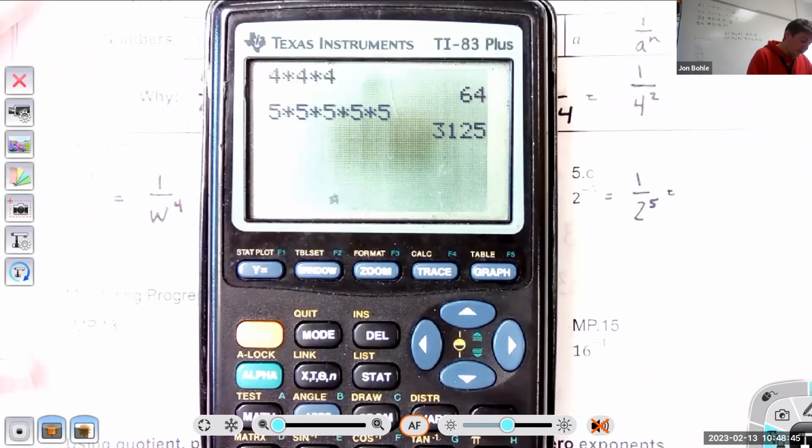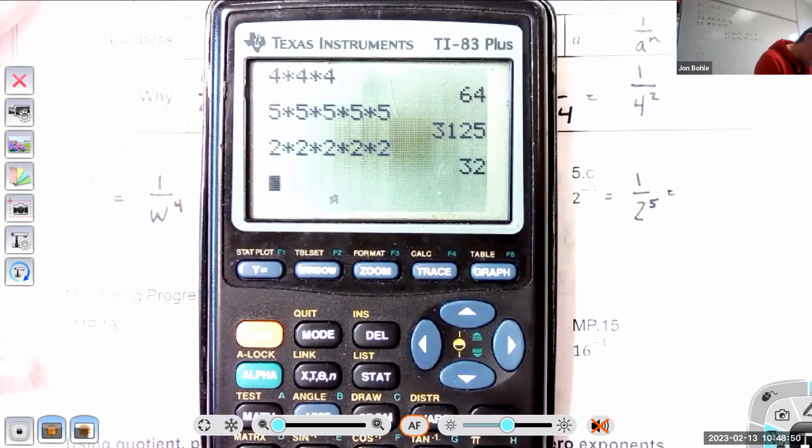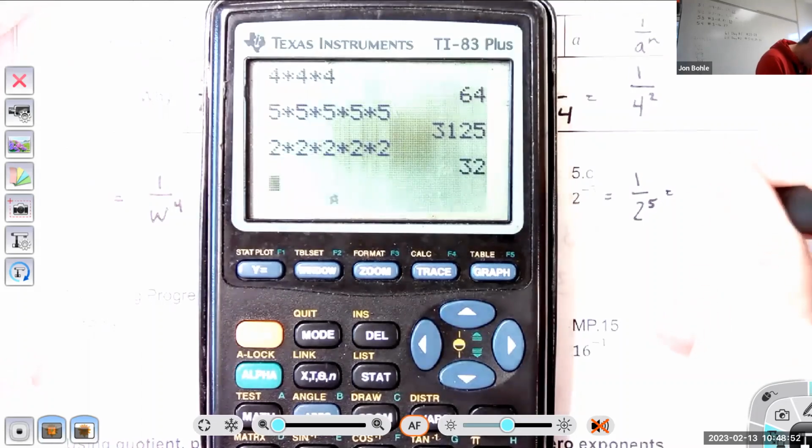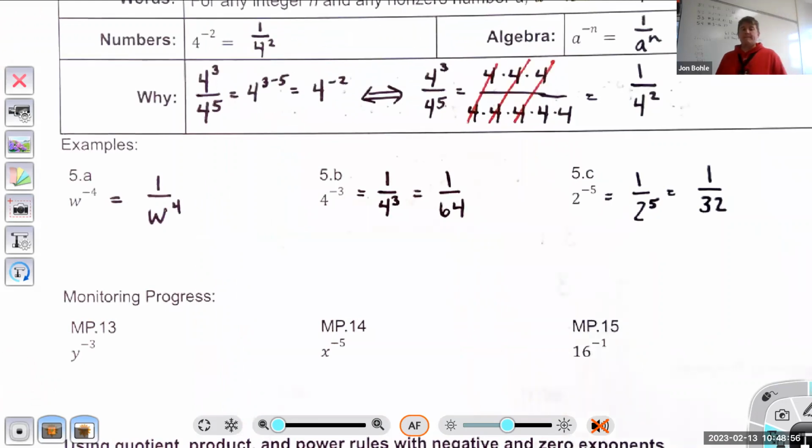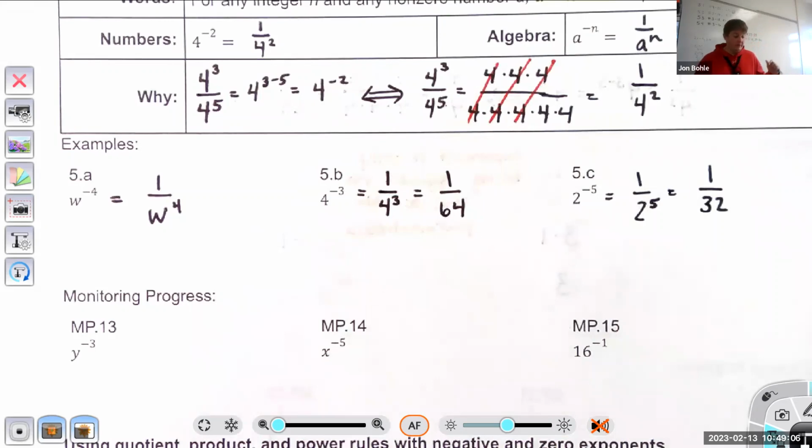I want 2 to the fifth. 1, 2, 3, 4, 5. 32. Thought that looked correct. Okay. Is there anything I can clarify on those three? Okay, 13, 14, 15, try those, and then we're actually almost done with the lesson for today. So everybody should get their learning targets done again.